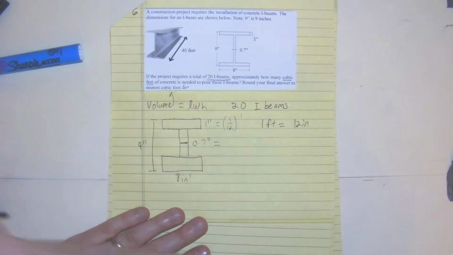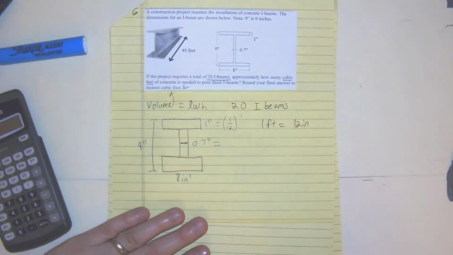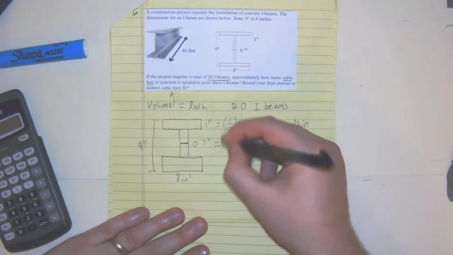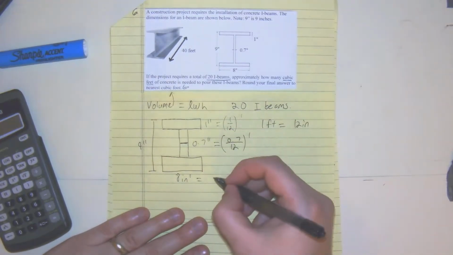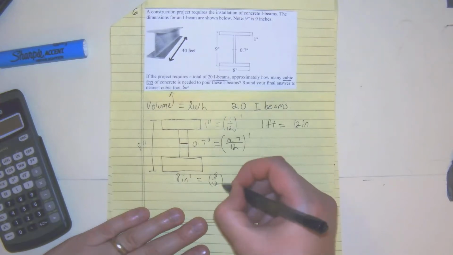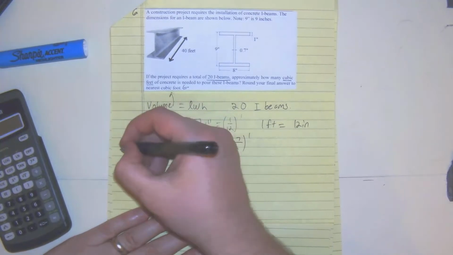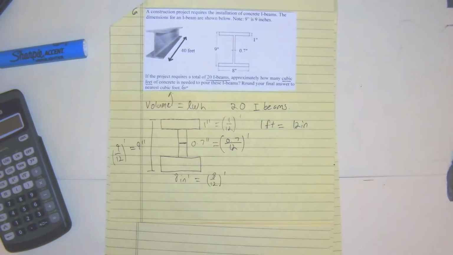Just keep it as a decimal because this is a calculator section. We can use a calculator. So we have 0.7 over 12 feet. This is equal to 8/12 of a foot. Here, this would equal 9/12 of a foot.